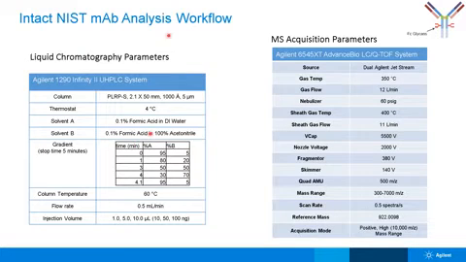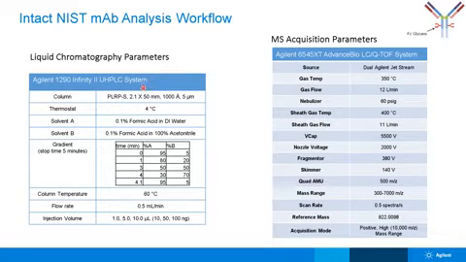For the intact mAb analysis workflow, we have our liquid chromatography parameters shown here on the left in this table. The liquid chromatography system we utilized for the study was the Agilent 1290 Infinity 2 UHPLC system. We used the PLRPS column, 2.1 by 50 millimeter, 1000 angstrom, 5 micron.